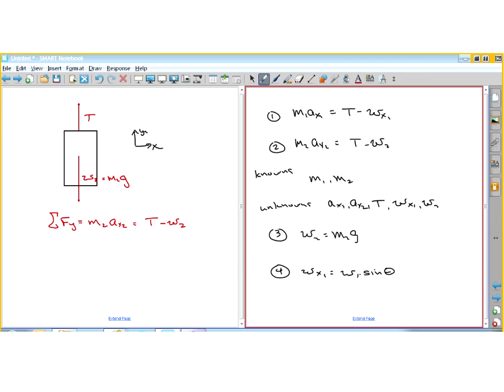So we've actually introduced 2 more equations, 2 more unknowns. We don't know what W1 is, and we don't know theta. So now we need 1, 2, 3, 4, 5, 6, 7 equations. Okay, so don't worry, they're there. So W1 equals m1 times g.